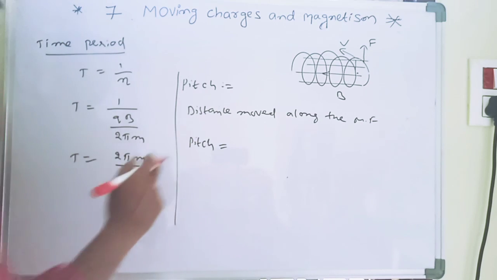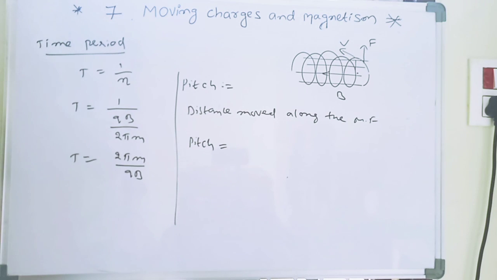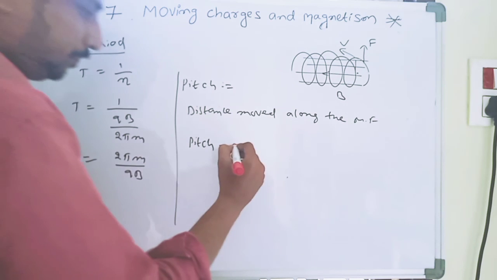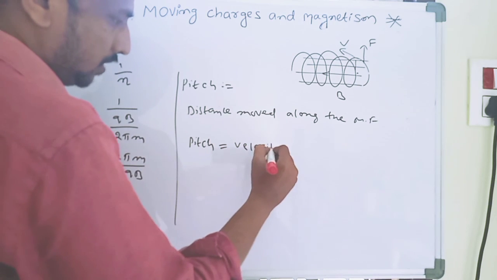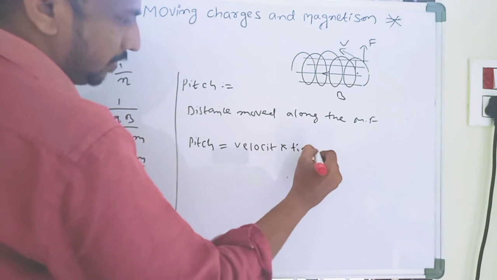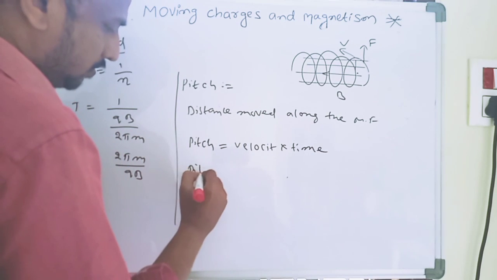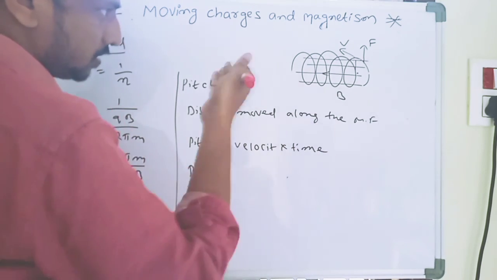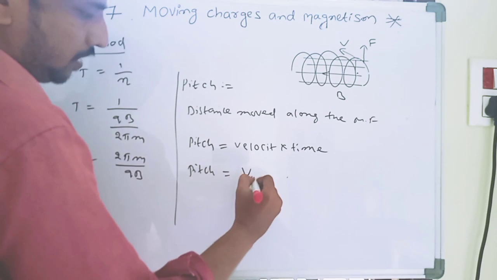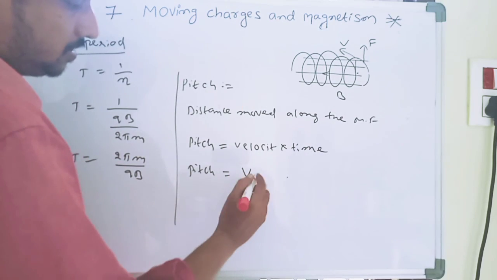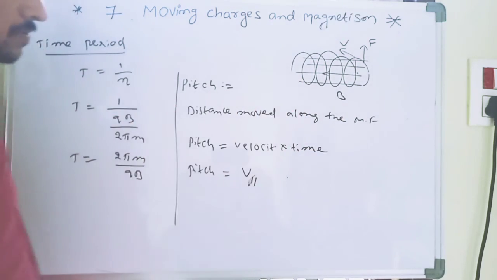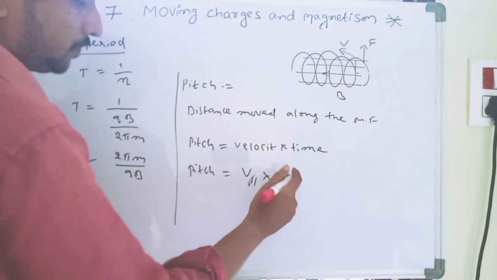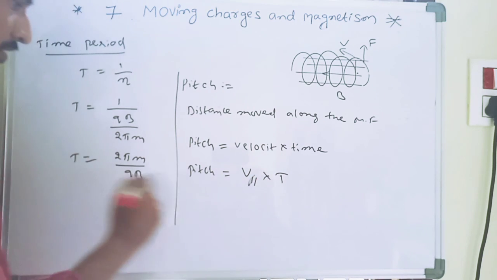Distance is equal to velocity into time. Time means time period. The velocity is the parallel velocity, not the perpendicular velocity. So parallel velocity into time period.